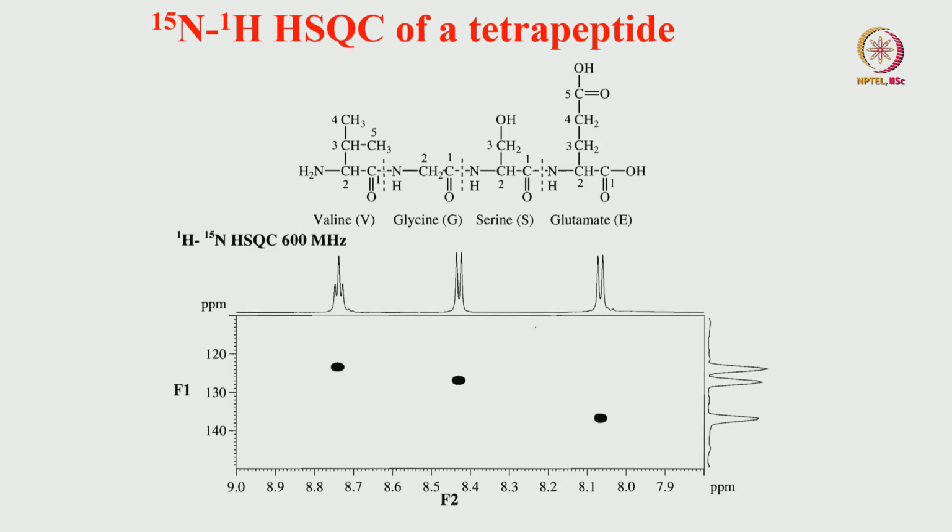One may ask a question: am I doing HSQC only for carbon 13? No. Most of the time, biomolecule people, when they study proteins, peptides, etc., have molecules like this. For example, in the case of a tetrapeptide, we have NH. I told you about these correlations: each amino acid has an NH group, and we can get the nitrogen 15 proton HSQC.